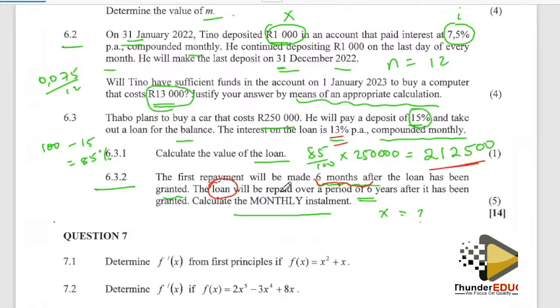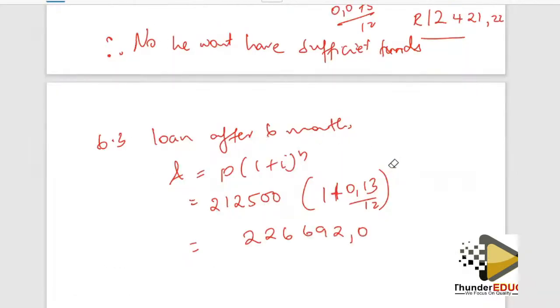So we say the loan will be repaid over 6 years, made the first payment 6 months after. Sorry, guys, that is meant to be 5, not a 6, as we always give you an allowance of a month.